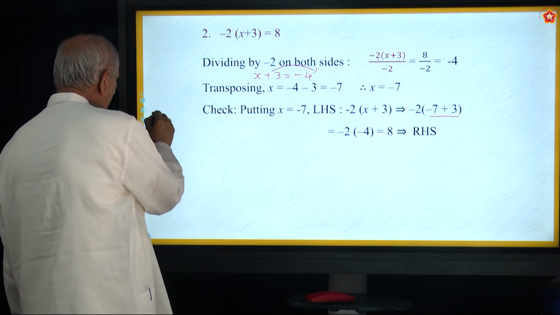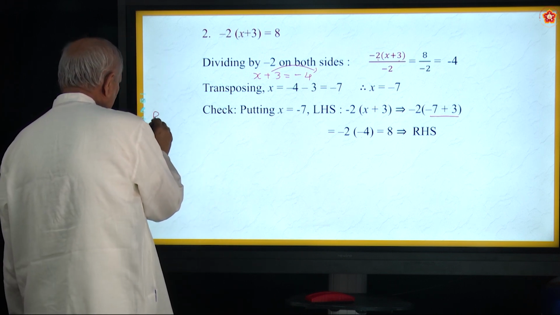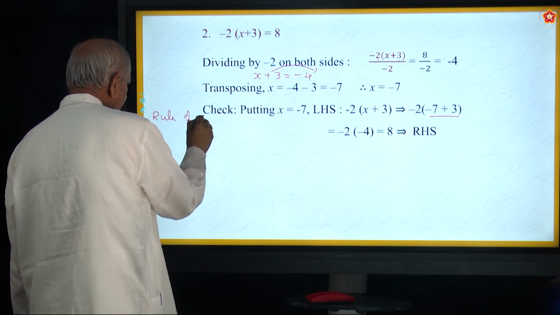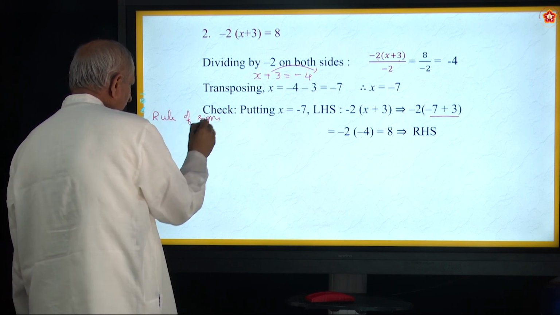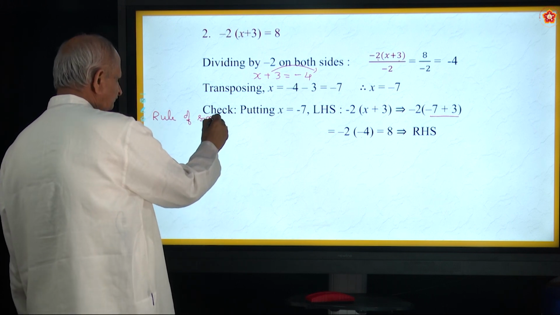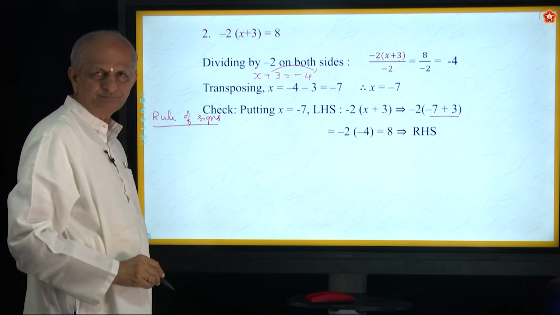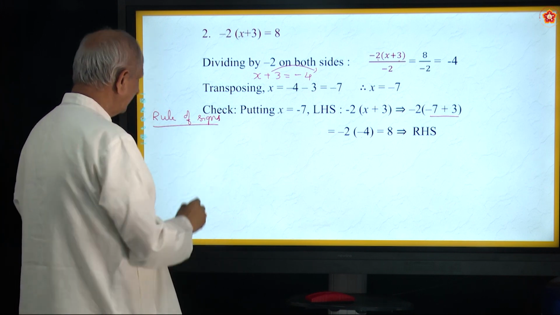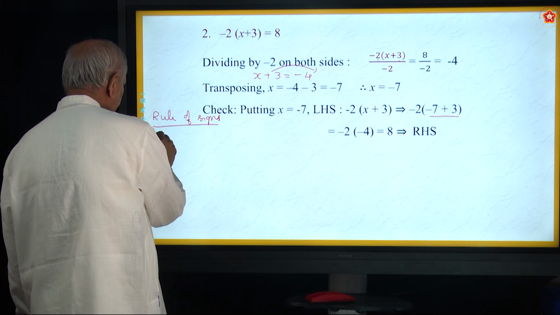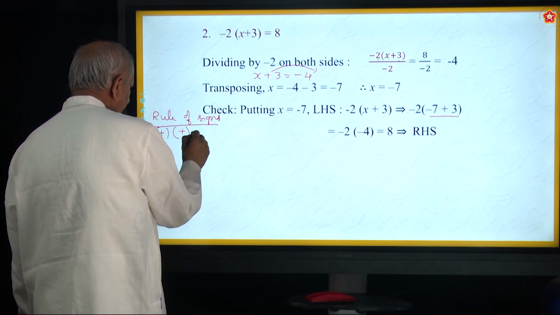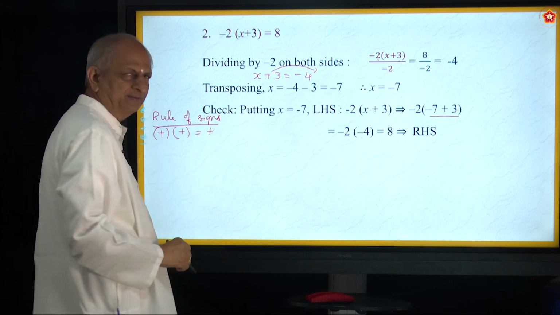Can I just recall? Rule of signs. You already studied in class 5. Can you just tell me? Come on, for multiplication, I am telling only about multiplication. Plus into plus is equal to plus.